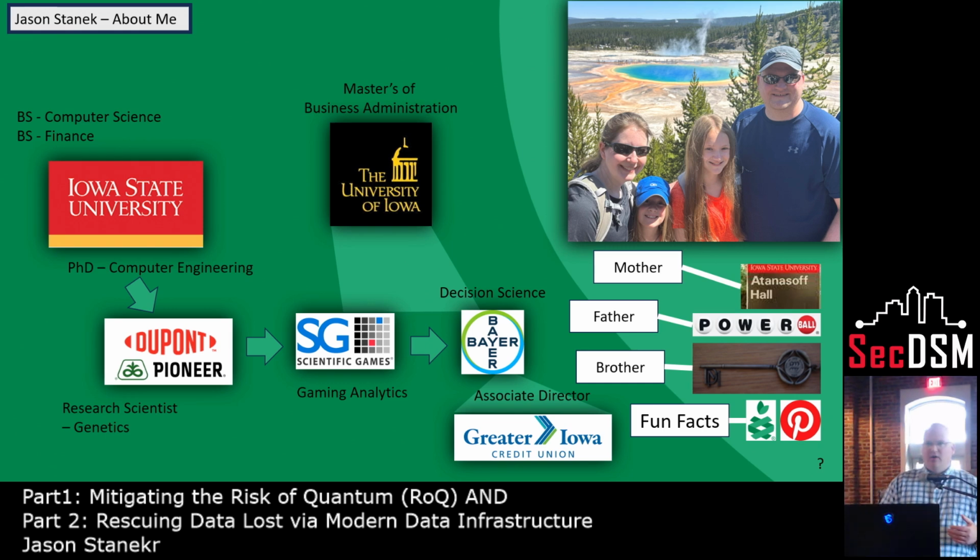So a little bit more about my sphere. So my mother actually was the first woman to get a master's degree in computer science from Iowa State. My dad got a PhD in physics and invented Powerball. My brother got a PhD in computer science, went on to work at a company you're all familiar with, Discord.